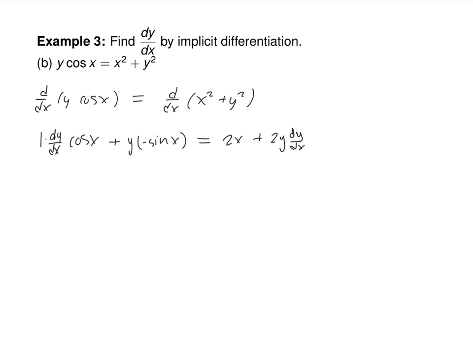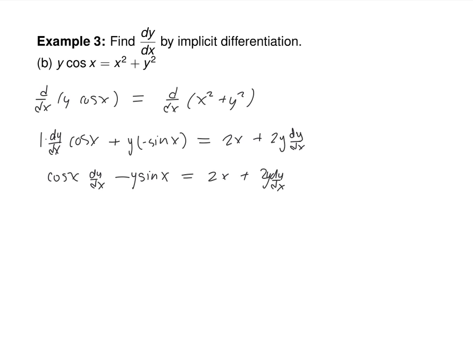Great. Yep, that's it. Okay, so that's cosine x dy dx minus y sine x equals 2x plus 2y dy dx.